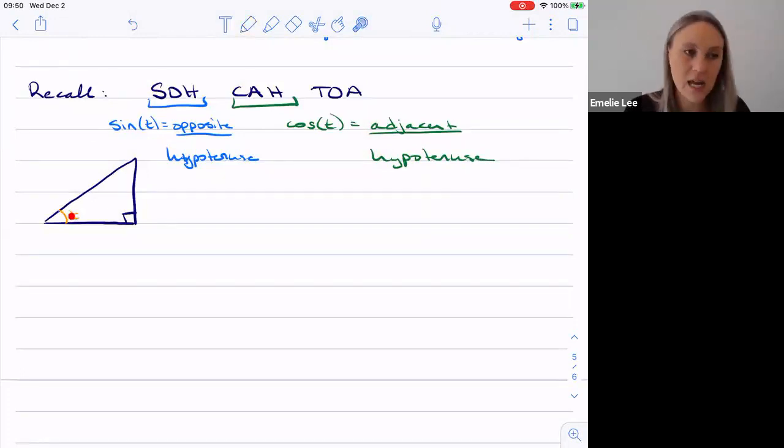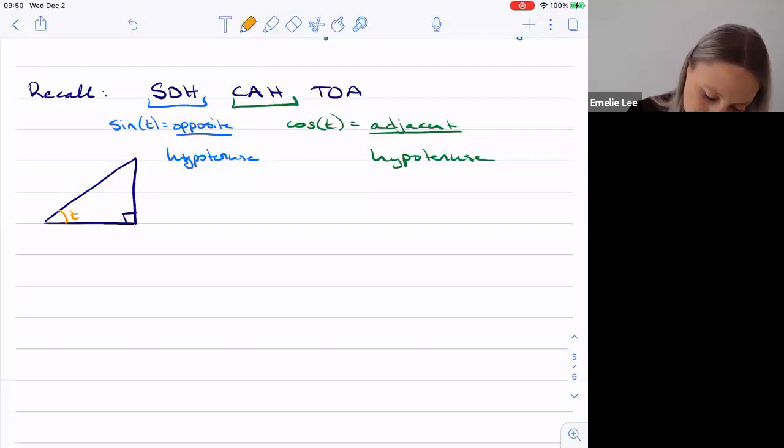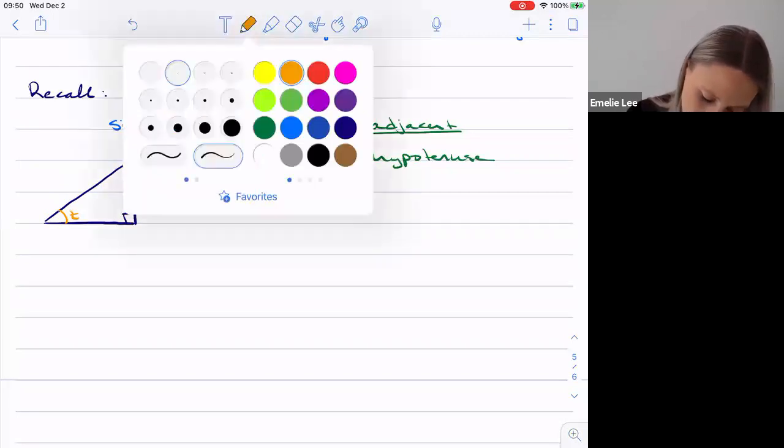So if this is the angle t that we're talking about, then when we say opposite over hypotenuse, the opposite is the length of this side here, which is opposite of t. And the hypotenuse is always going to be the side that's opposite the right angle. So the 90-degree angle is this little square here. So this is the hypotenuse.